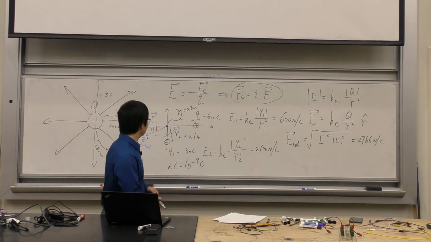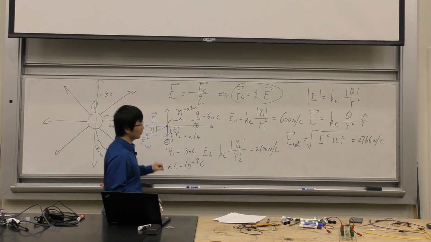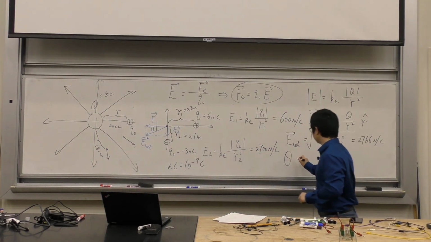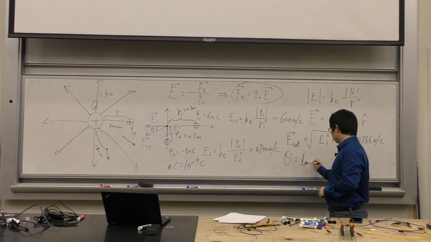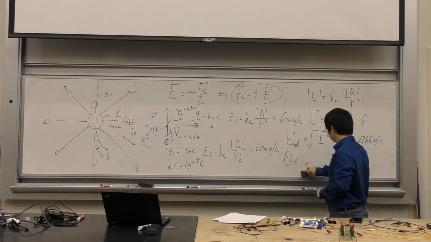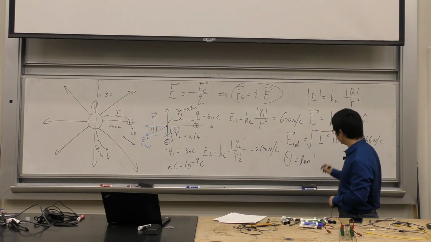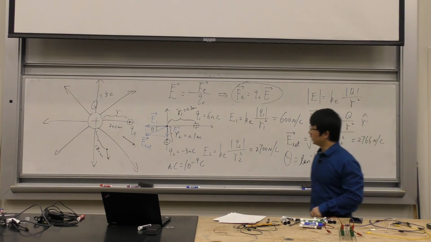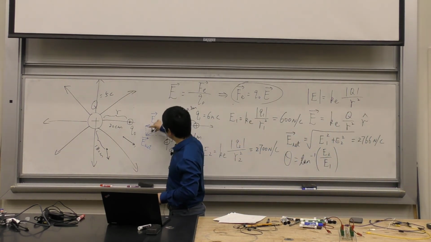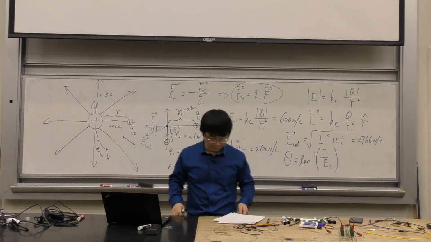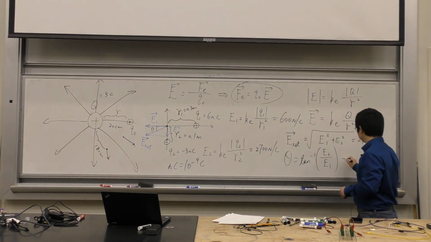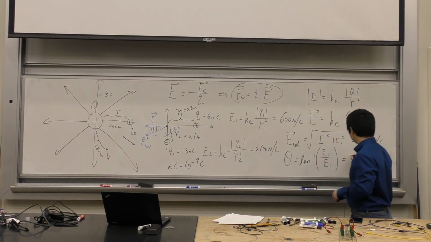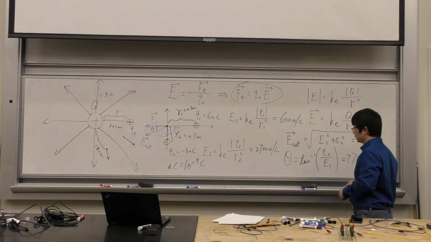What about the direction? Okay, if I decide to use this angle, theta, that's going to be tangent inverse of E2 over E1, right? Okay, because opposite over adjacent. So this number is going to be 77.5 degrees.